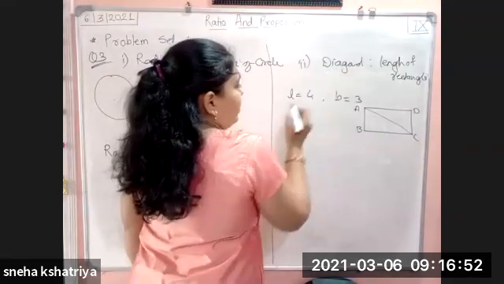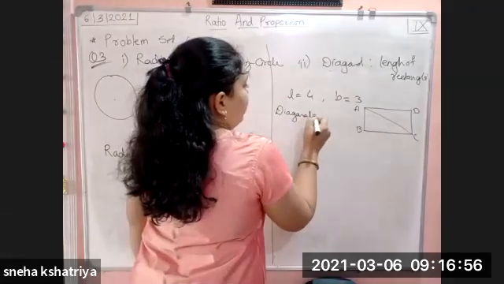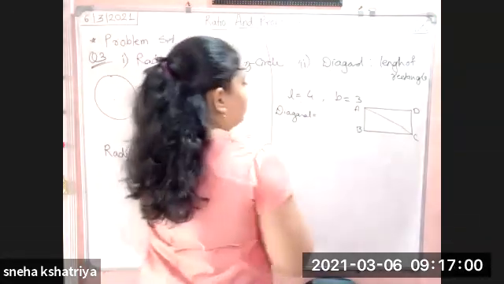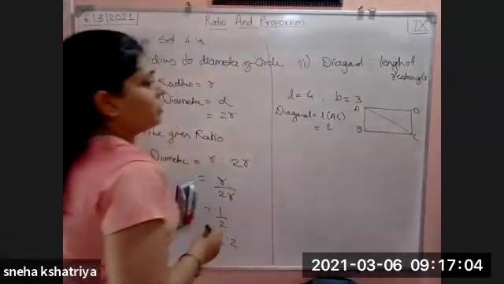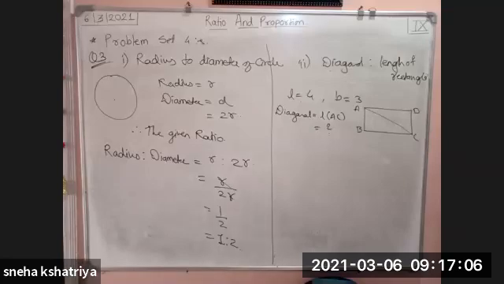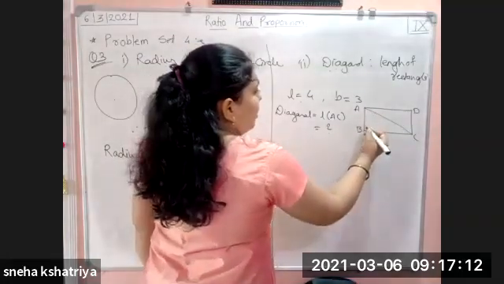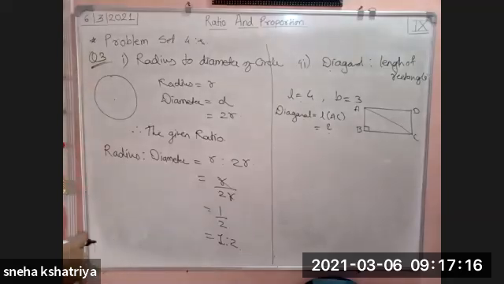To find the diagonal, write length AC is equal to question mark, because AC is the diagonal which we don't know. We have to find it out. Then how are we going to find the value of the diagonal? Now we know that in a rectangle, all the angles are 90 degrees.